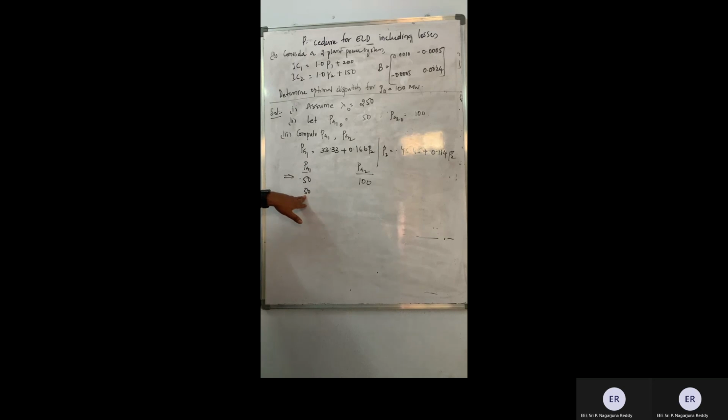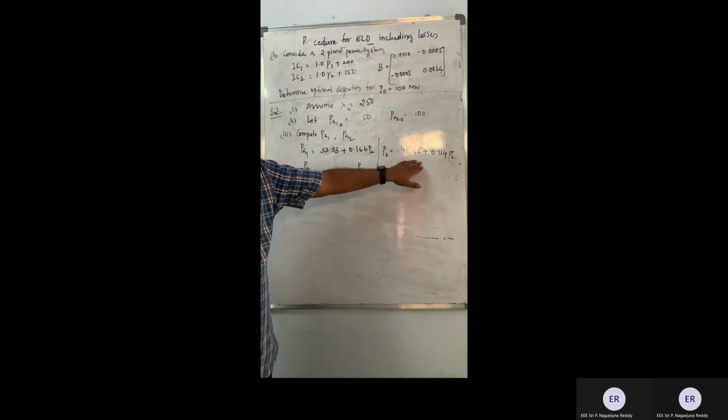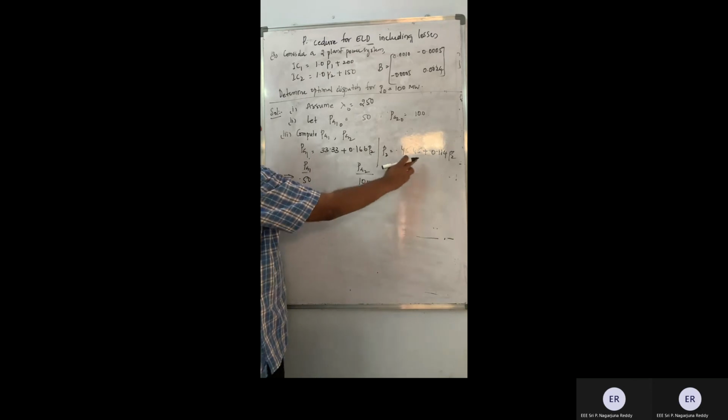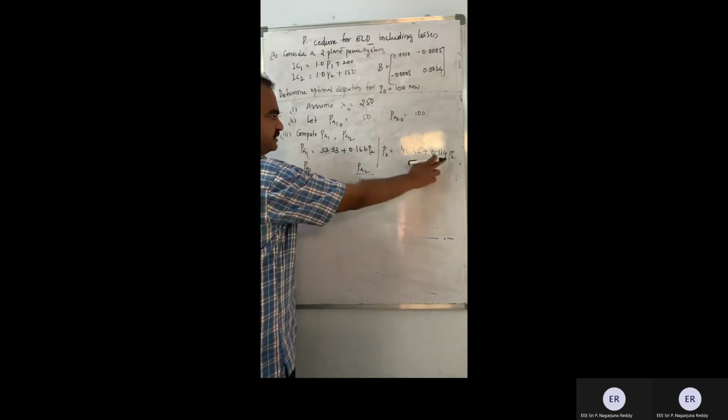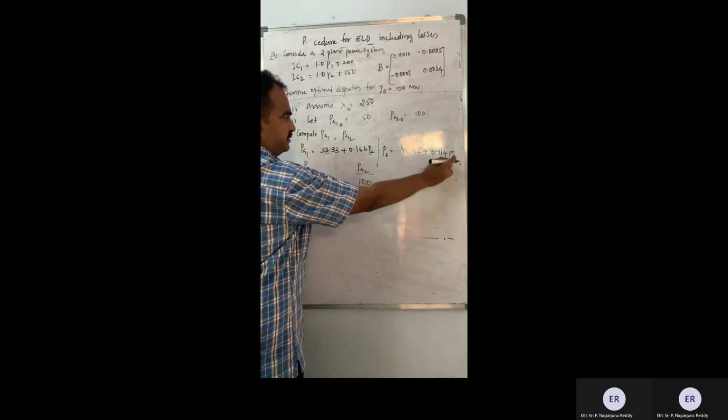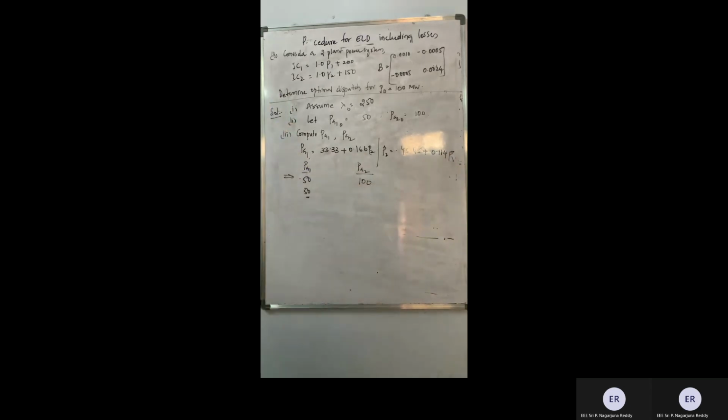Now if I substitute 50 here, whatever Pg2 I do have here, I'll substitute here to get Pg1. Again, the value of Pg1 is to be substituted here. Okay. So 50, sorry, this is P1, right? If I substitute 50 here, what is my value? Let us check.